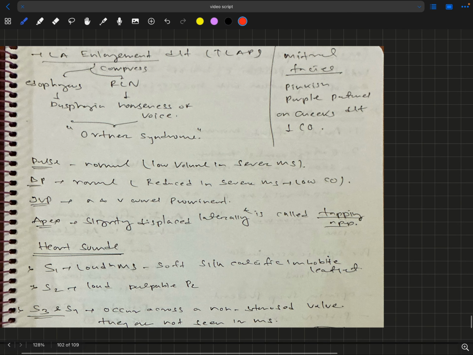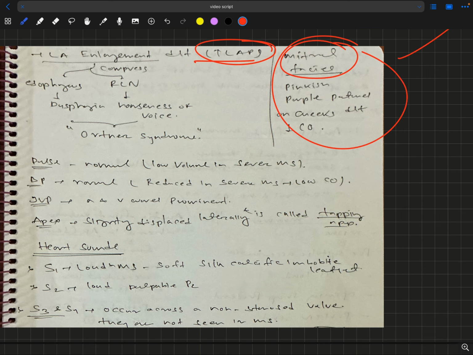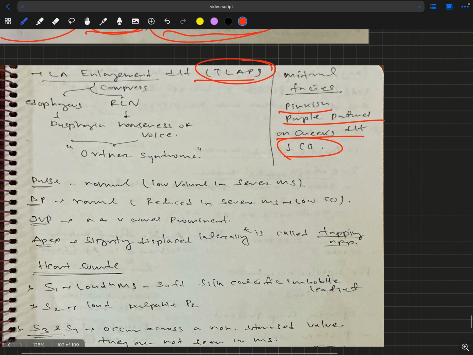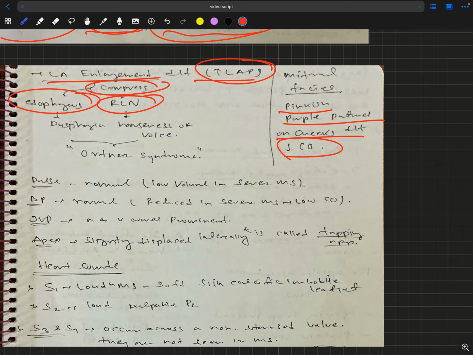So the left atrium is enlarged, and there will be an increase in left atrial pressure. Another thing we see in MS is called mitral facies: pinkish purple patches on the cheek due to decreased cardiac output in severe MS. With left atrial enlargement, it compresses the esophagus, which is just behind the left atrium, and it also compresses the recurrent laryngeal nerve.